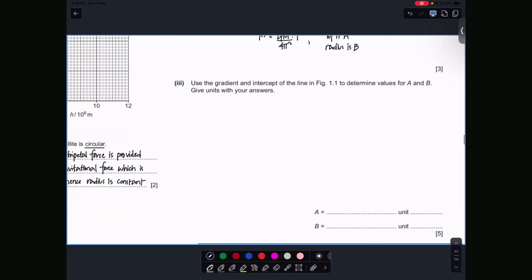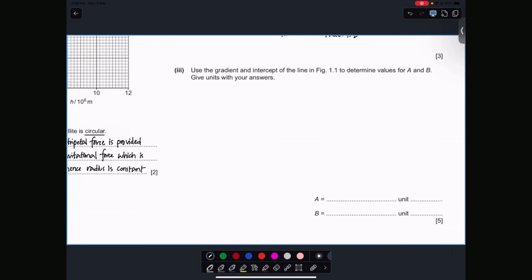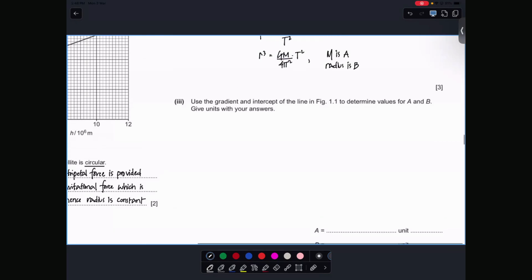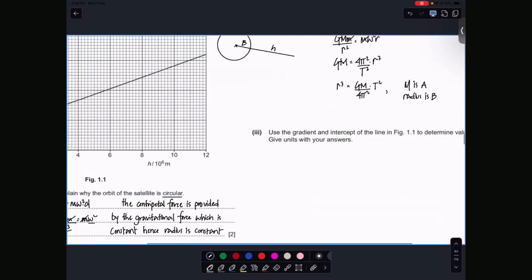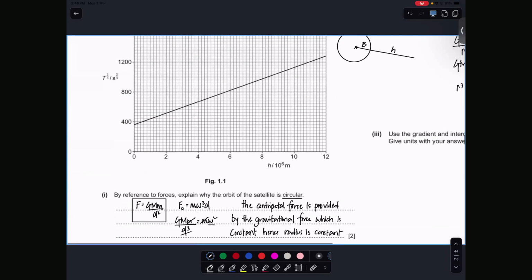Then it says use a gradient and intercept of the line in figure 1.1 to determine the values of A and B. Give your units for your answer. So this is... Yes, correct.